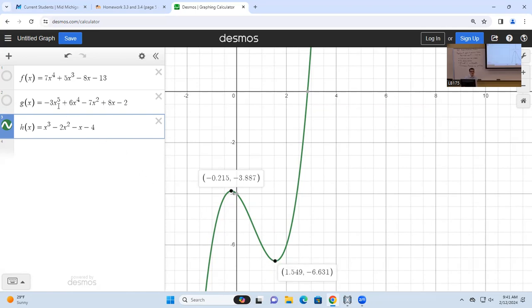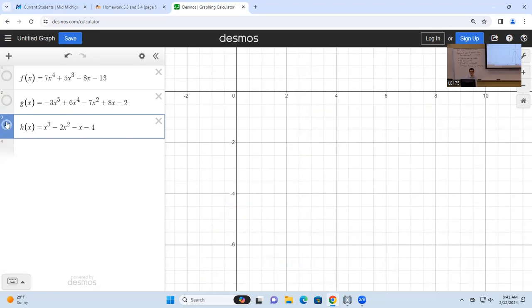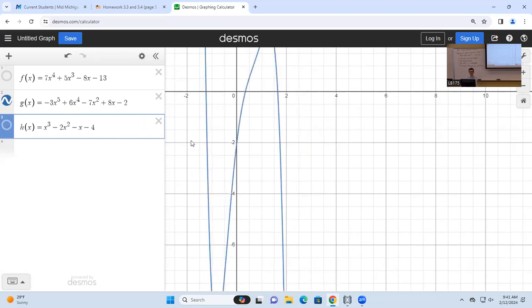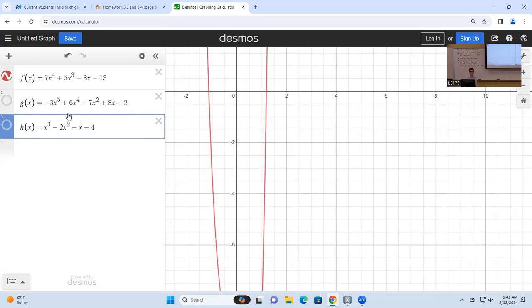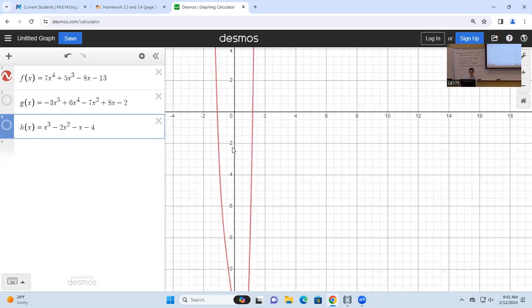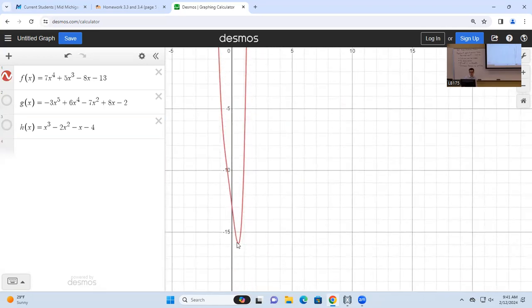How about a degree 5? Well, a degree 5 can have at most 4 turning points. How about a degree 4? A degree 4 can have at most 3. This one doesn't have 3, just has the 1. But it can have at most 3 turning points. That makes sense?